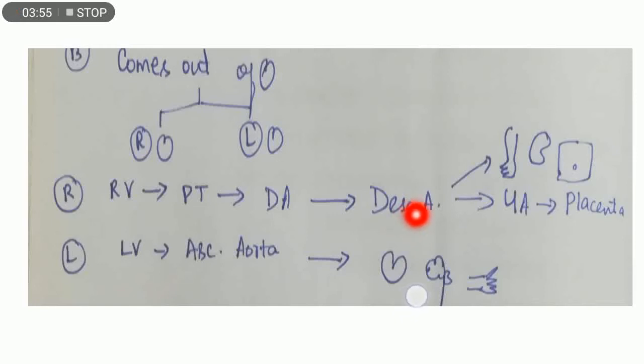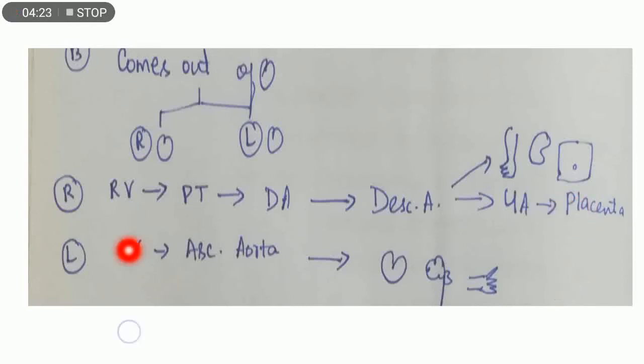This blood from the right ventricle has the SVC's blood and 2/3 of the IVC, so technically it is not so well saturated with oxygen. This blood is going to supply the lower half of the body, that is the lower limbs, the abdominal viscera and the kidney. After that it is carried on through the umbilical arteries and reaches the placenta for oxygenation.